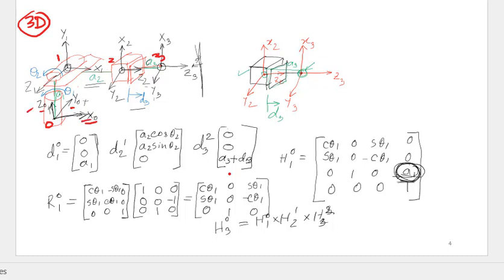We have to remember that the axis about which the joint revolves or rotates, we have to find out and denote as the z-axis for a revolute joint.